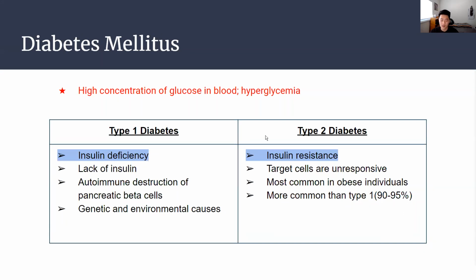Type 1 diabetes is characterized by insulin deficiency, meaning there is a lack of insulin produced by our body, by our pancreas.